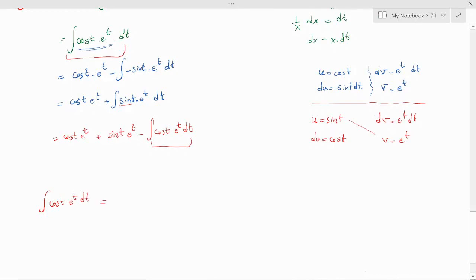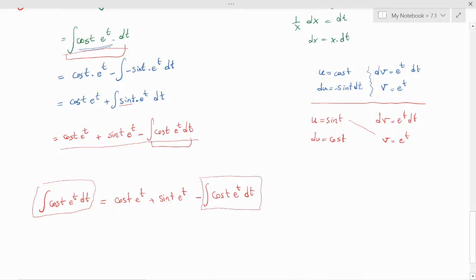We figured out at the end this equals cosine t e to the power t plus sine t e to the power t minus the integral of cosine t e to the power t dt. Right? This is where we ended up. We know these two are equal through integration by parts. So if I'm looking for this integral, I see exactly the same thing on the other side.